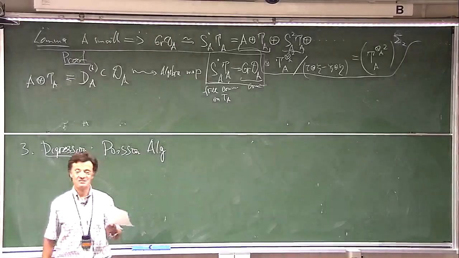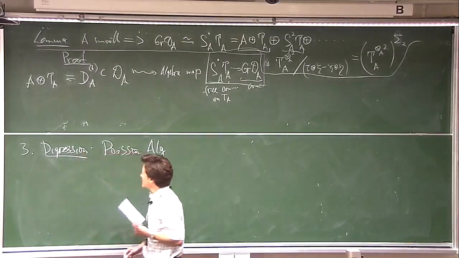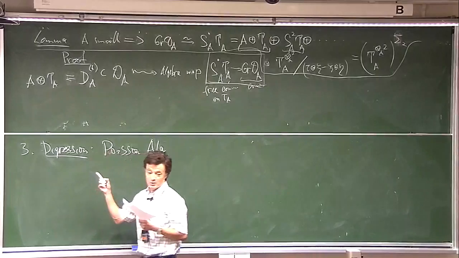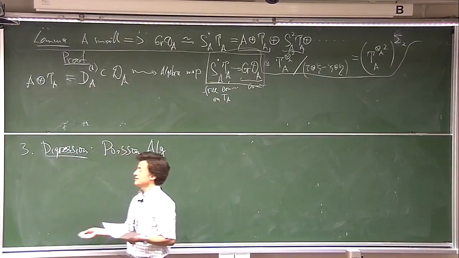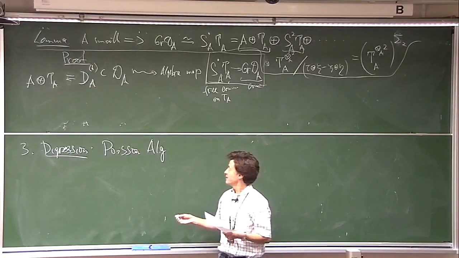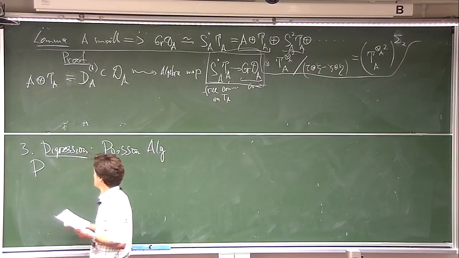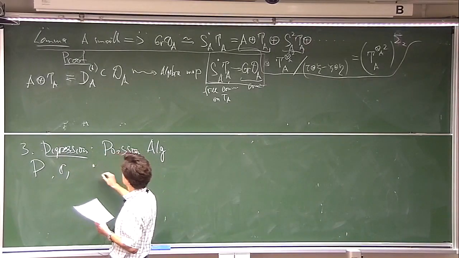It's a tiny step, by the way, towards the definition of vertex algebra. Vertex algebra is a vector space with infinitely many multiplications. Poisson algebra, P, is a vector space with 2 multiplications.